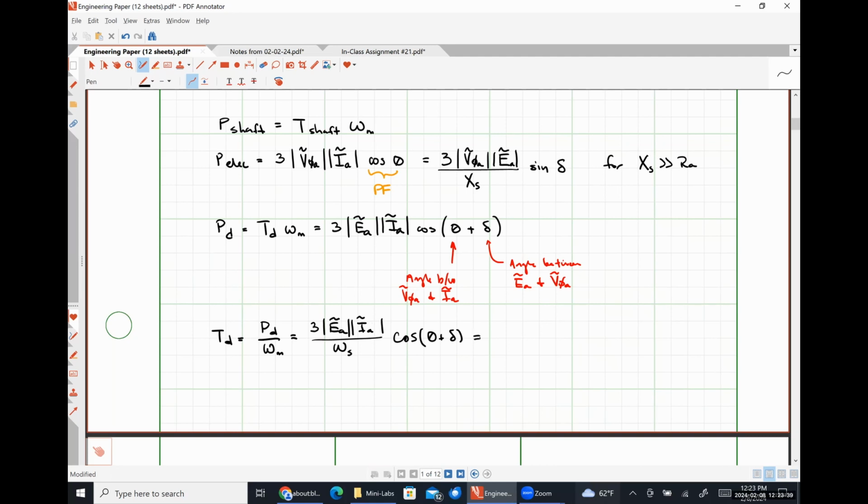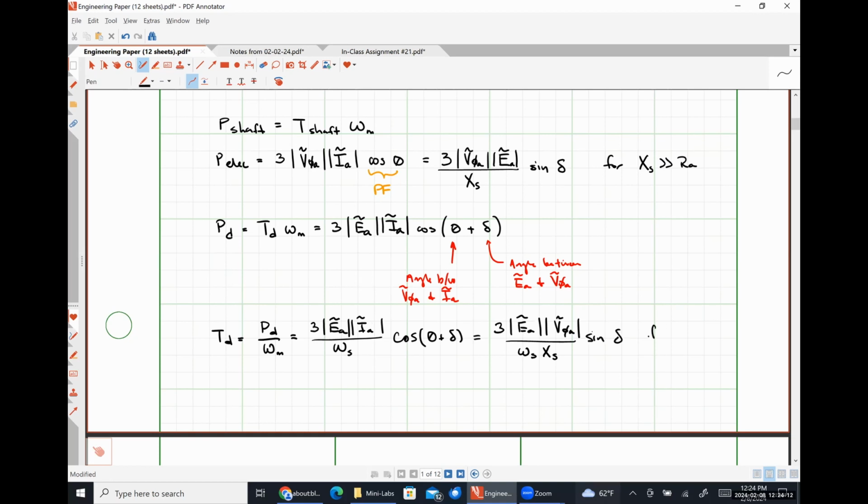And then using the relationship of how IA is related to V phi A, this looks like 3 EA V phi A divided by omega s times XS times the sine of delta.